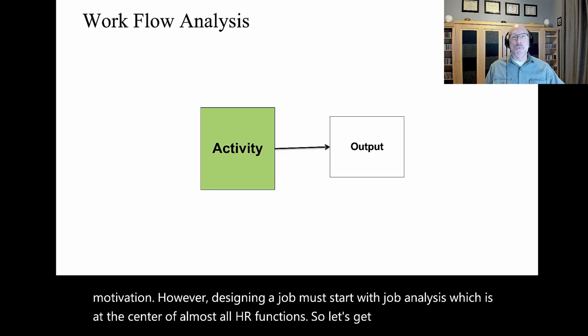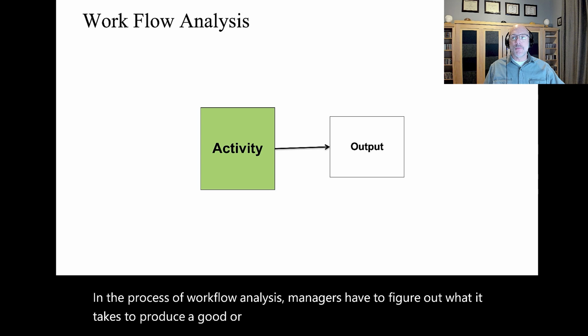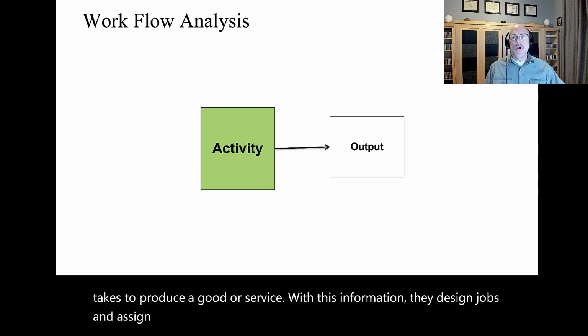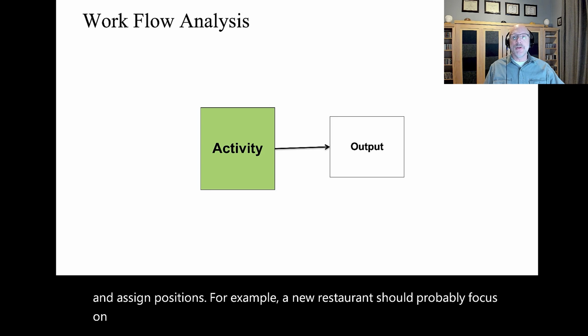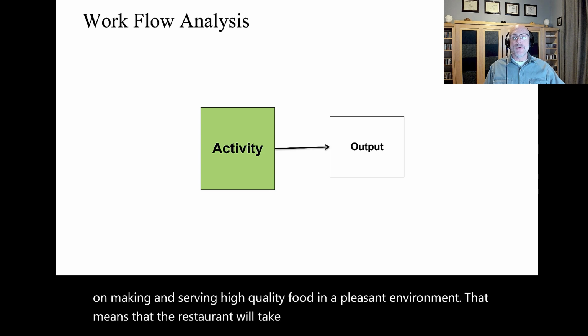In the process of workflow analysis, managers have to figure out what it takes to produce a good or a service. With this information, they design jobs and assign positions. For example, a new restaurant should probably focus on making and serving high-quality food in a pleasant environment. That means that the restaurant will take uncooked raw materials and transform them into great food.